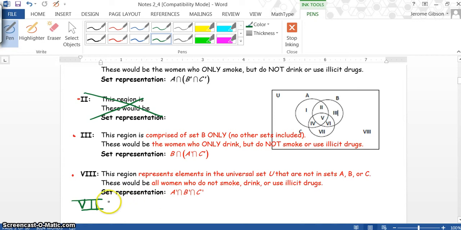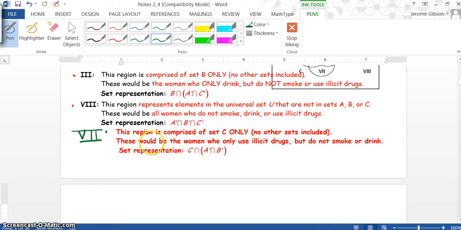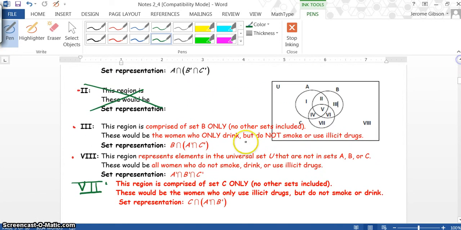Now, with 7, we see here that 7 only includes C. Okay, class, what I did here was I took the liberty of typing this out, and I will explain. The region that we didn't have here was 7.